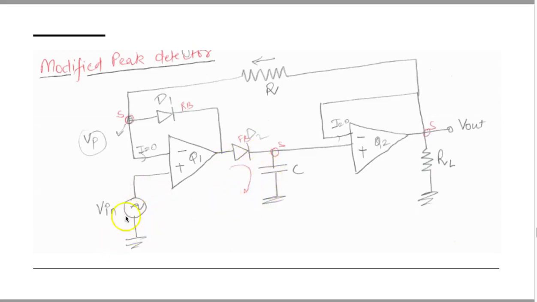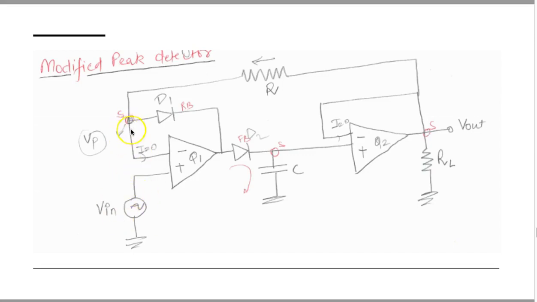So whatever input voltage you have given, the capacitor will charge to that value, and it will try to hold that value. Now in the second case, your input voltage is lower, let's say lower than this particular voltage, which is VP.